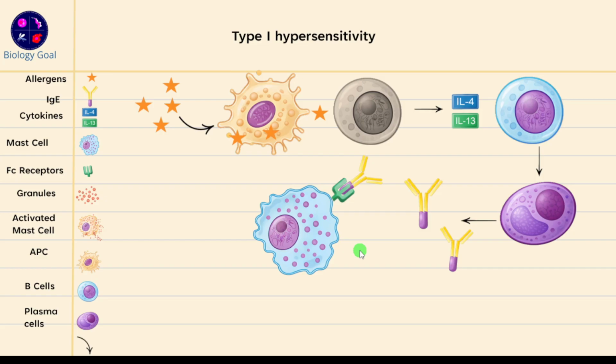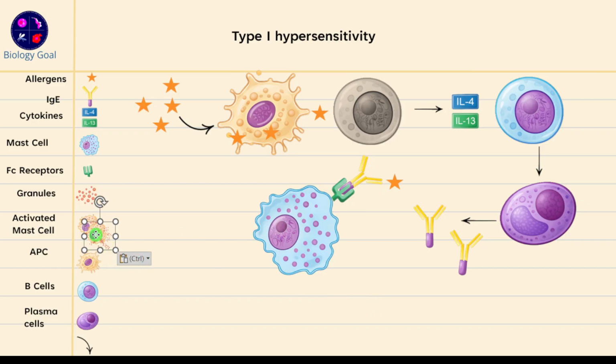Now, let me move these antibodies a little bit on that side. What will happen is, if the allergen comes back again, it's going to immediately go to this mast cell where the antibody is already bound, and that will trigger the reaction, which will cause the degranulation of the mast cell. So we'll have activated cells.